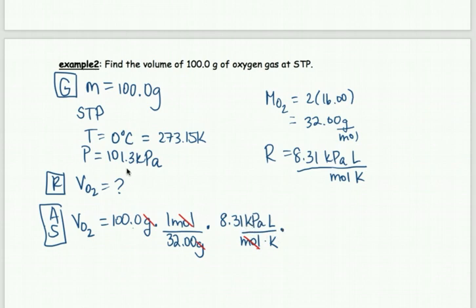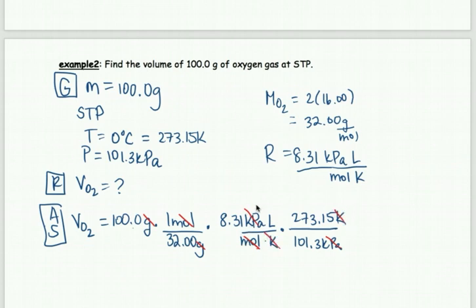We have pressure here, so we put it underneath. There goes the kilopascals. Cancel, cancel. Now kelvins: I'm going to put that at the top. You can put 1 over, or I'm just going to stack it up here to save space. So kelvins are gone.